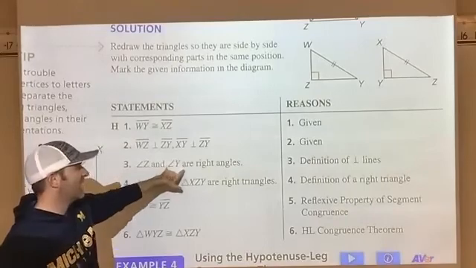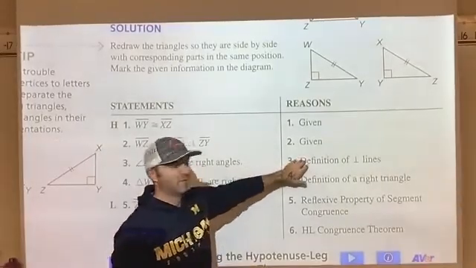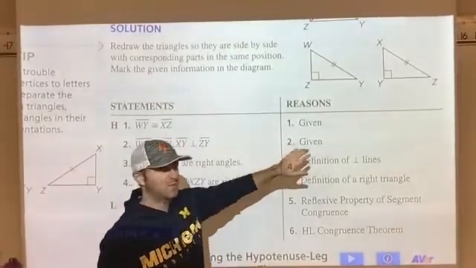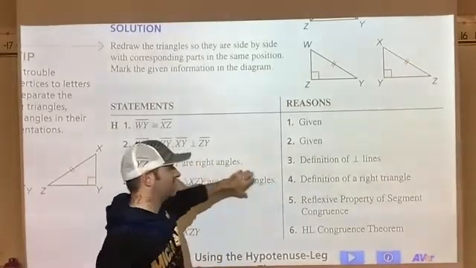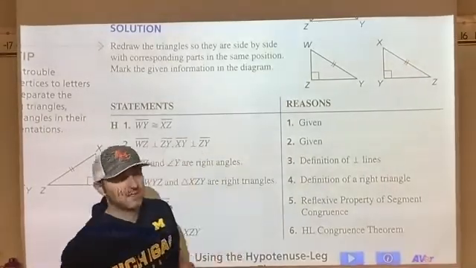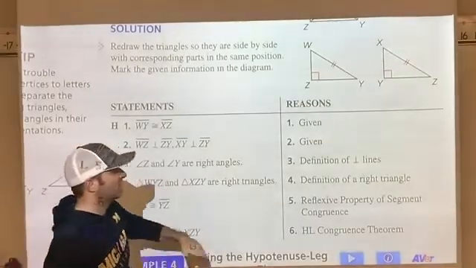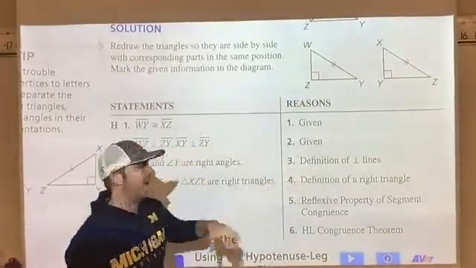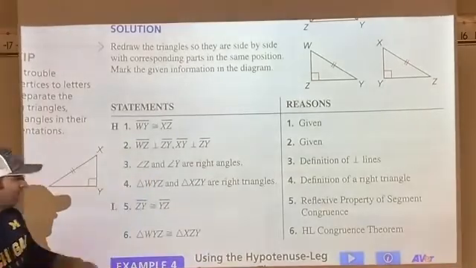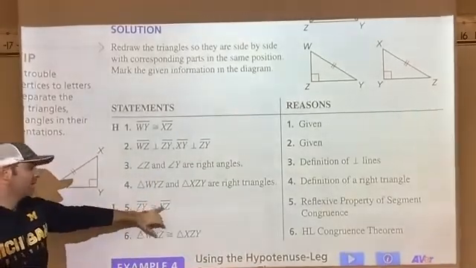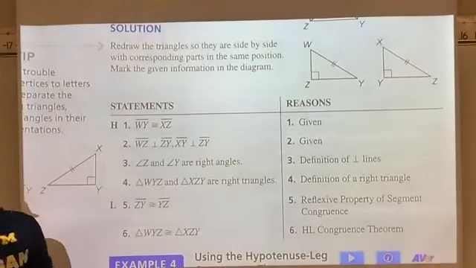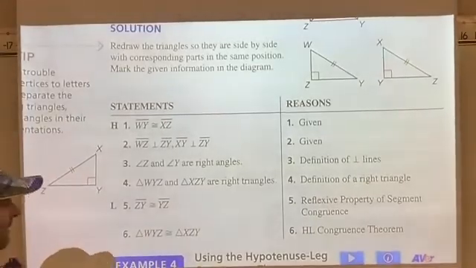The fact that they are right angles, that's our definition of perpendicular lines. That's the reason why we can say they're right angles, because they are perpendicular. Like I said, they went one step further. They said these are right triangles. Definition of right triangles, it has a right angle in it. Reflexive property, ZY, YZ, and then HL to round it out there.